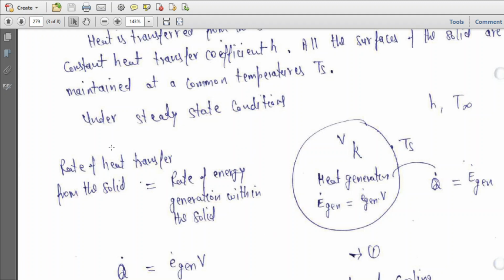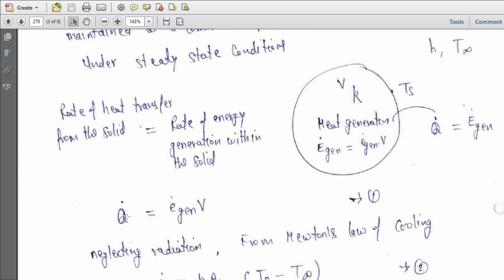So whatever heat is transferred from the solid is the rate of energy generated within the solid, and the surroundings are maintained at temperature T infinity, heat transfer coefficient h, and the surface temperature of the solid is Ts. So we are balancing Q dot equal to E dot generation into volume.